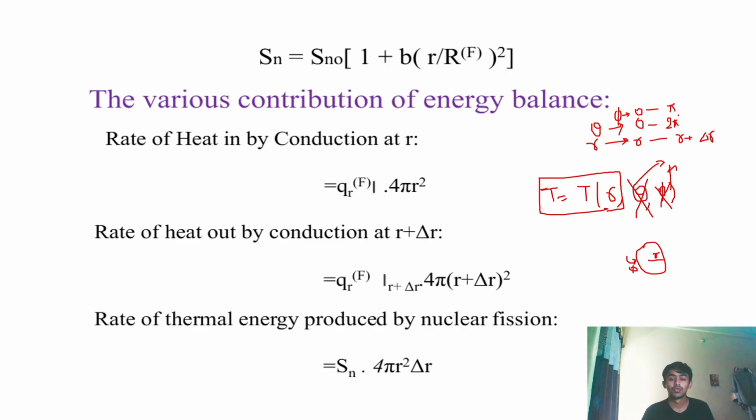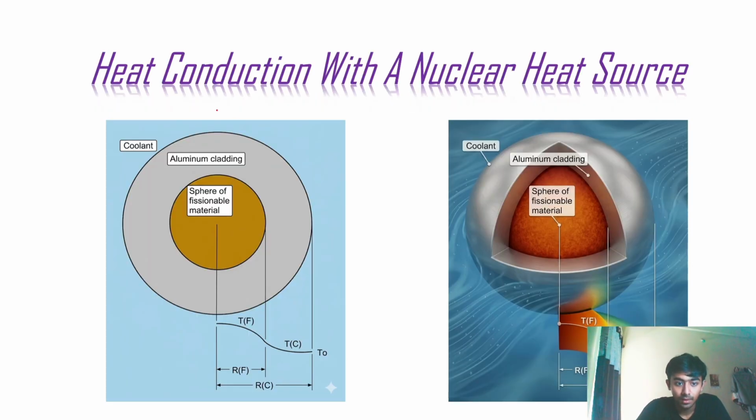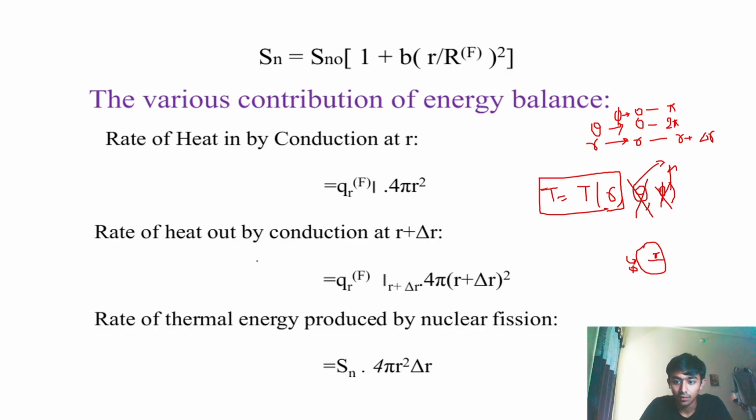Moving to the spherical coordinate system, we generally take four boundary conditions. At r equals 0, the heat flux qf will be finite.